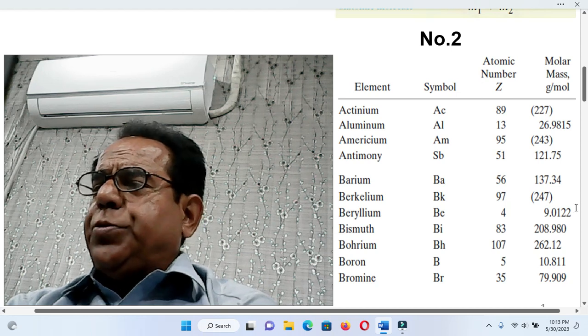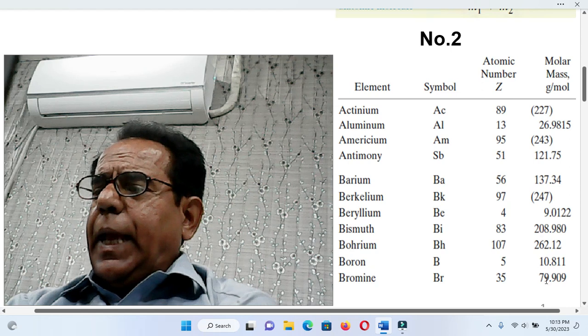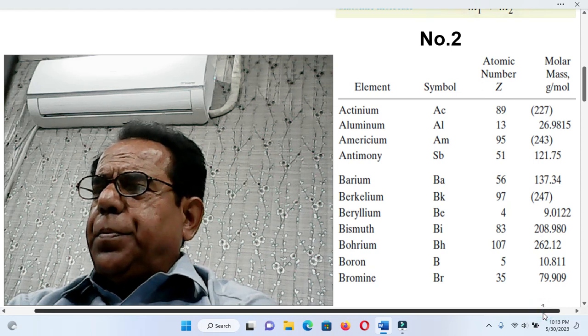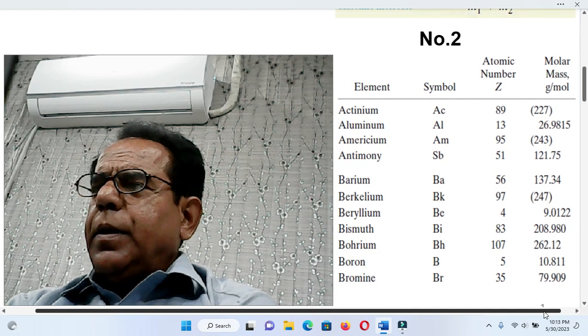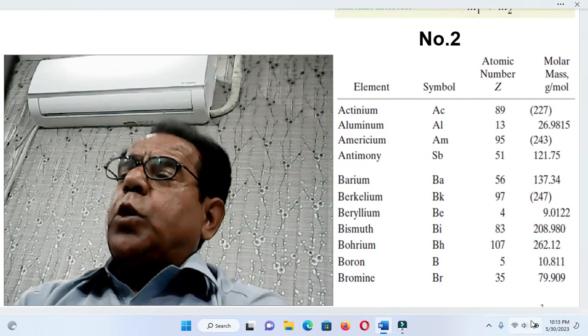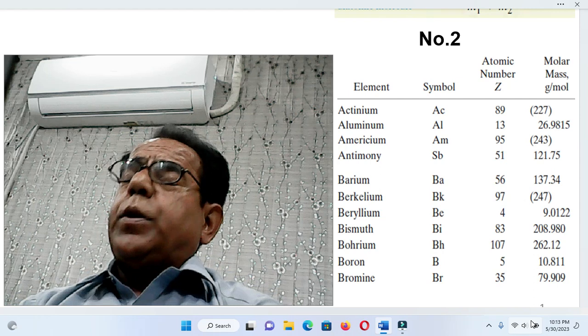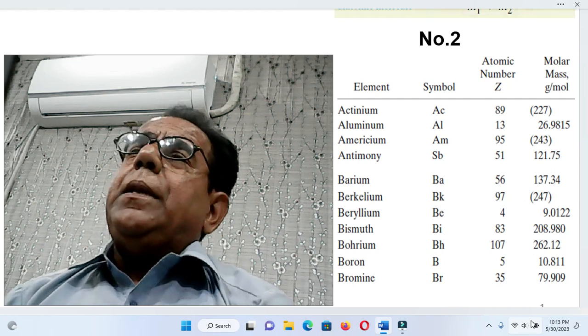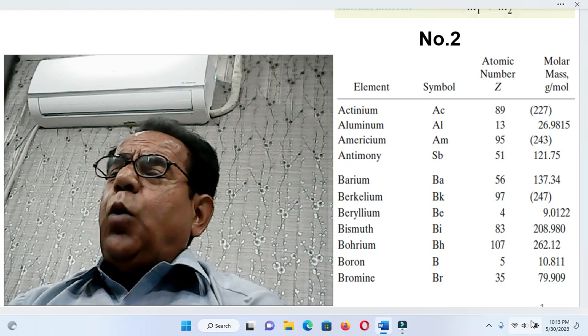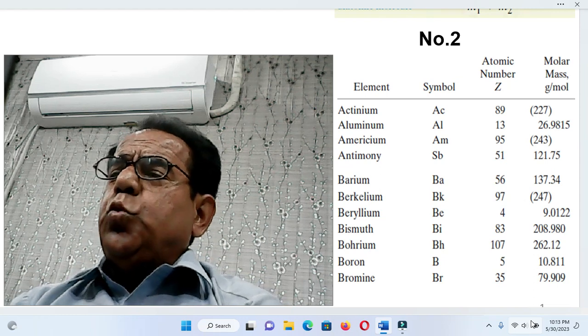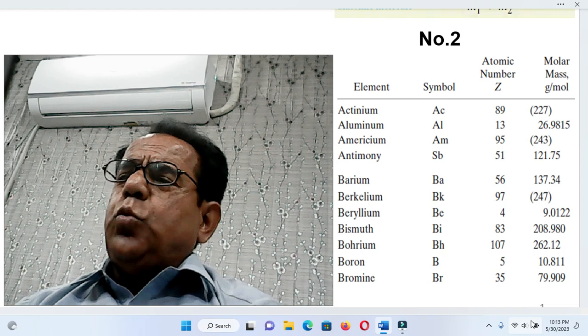We will use this value, and this value is in U, atomic mass unit. In the next table we will see how atomic mass unit U can be converted into other forms.